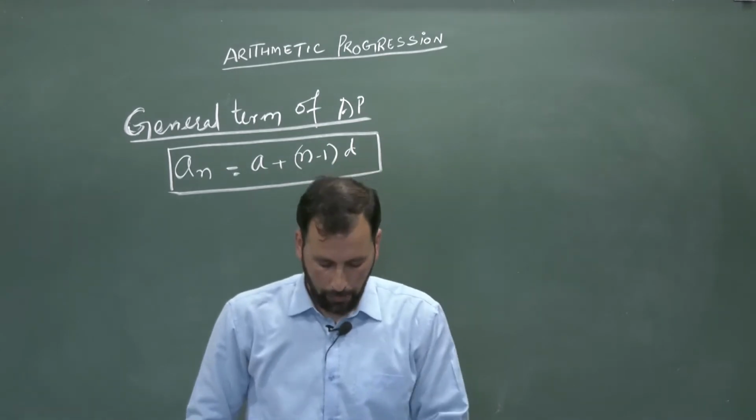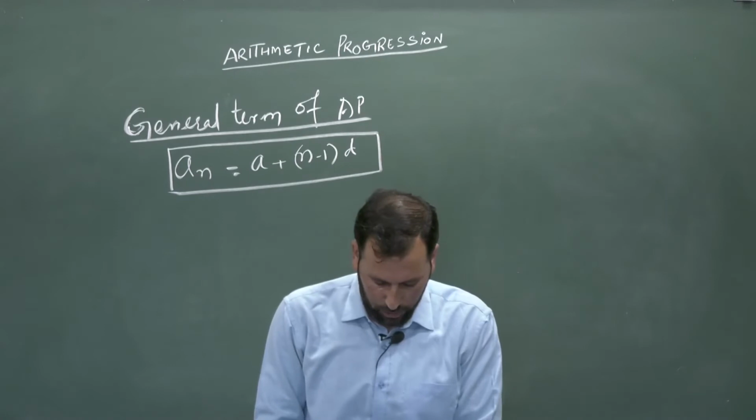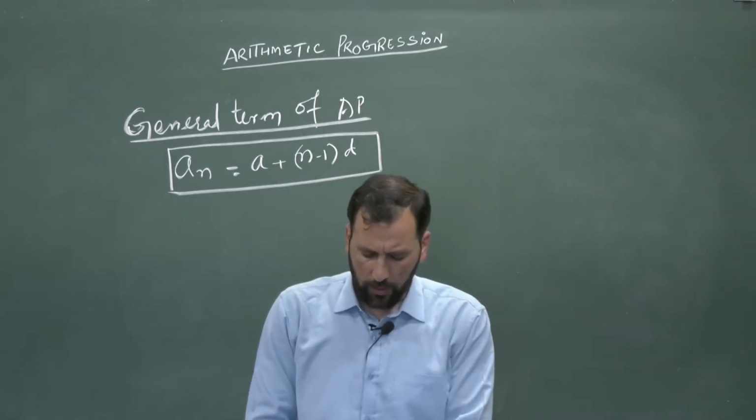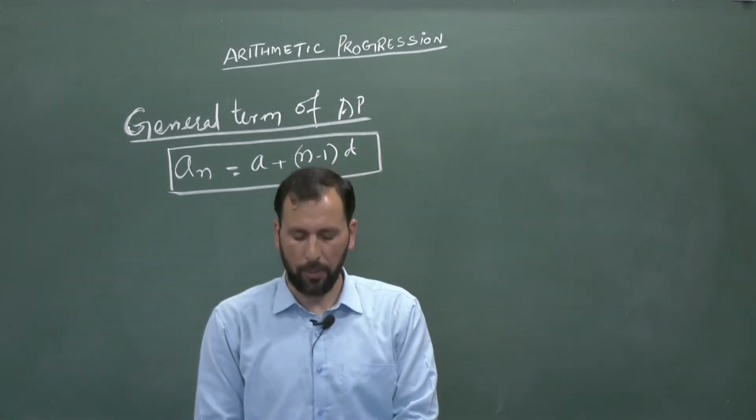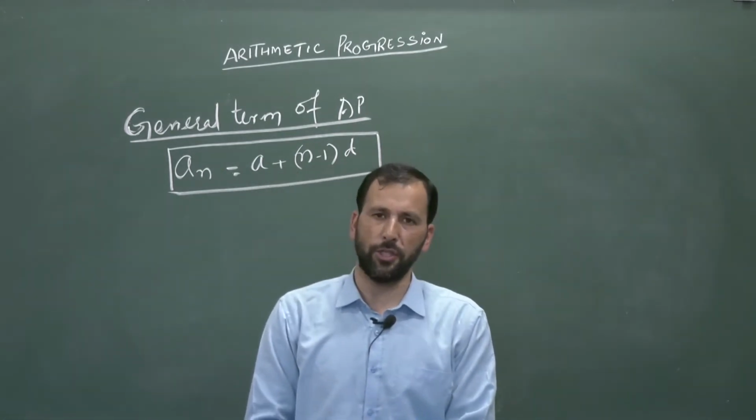That is exercise number 5.1. We have a question here. Write the first 4 terms of an AP when the first term a and the common difference d are given.